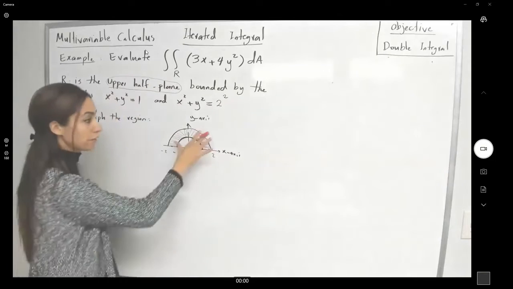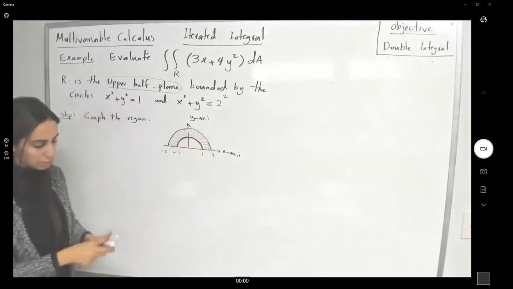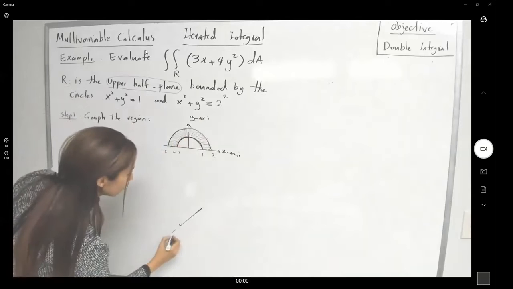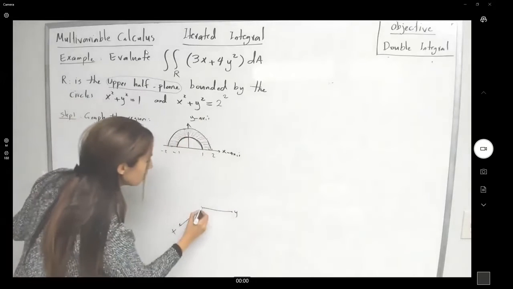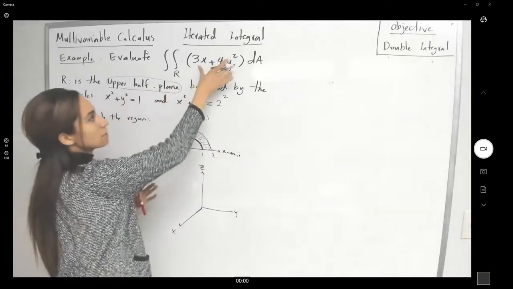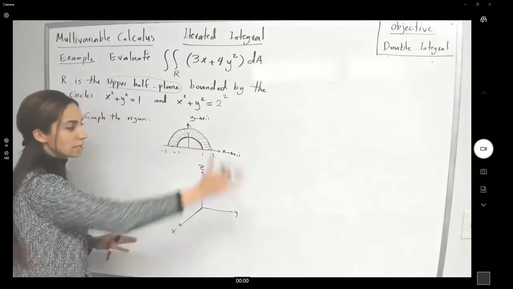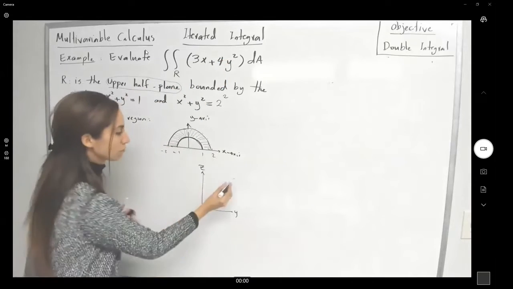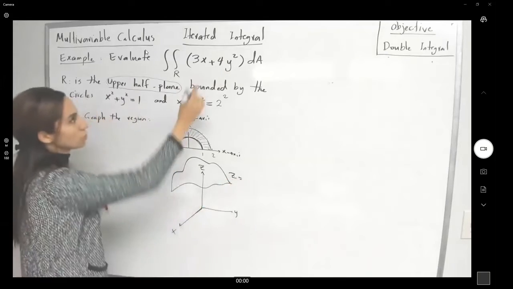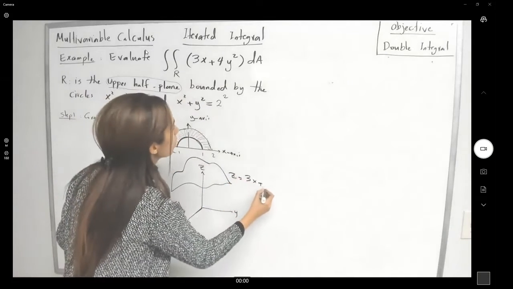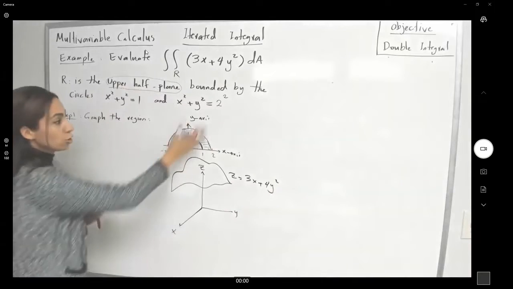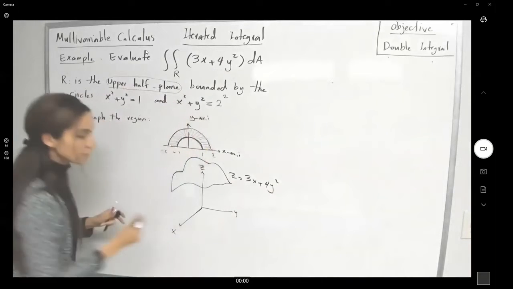So remember, this guy is in the plane. So you can just convert this. You have your x, here you have your y, and here you have your z. Well, this surface, whatever it is in the space, is your z equals 3x plus 4y squared. Down here, you have your region. Where is that region?